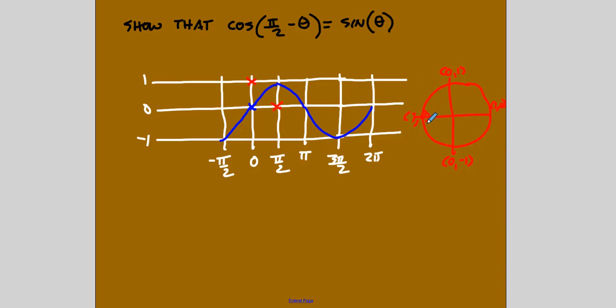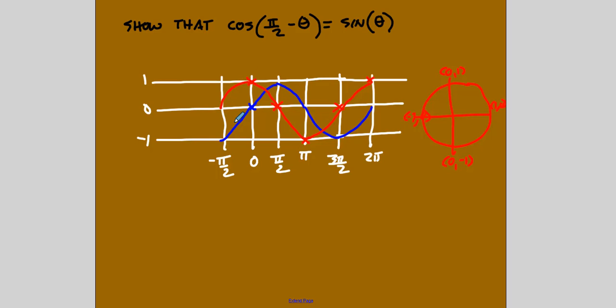Cosine of pi is, that should say negative 1. Okay, cosine of 3 pi over 2 is 0. And cosine of 2 pi is 1. And cosine comes back like this.